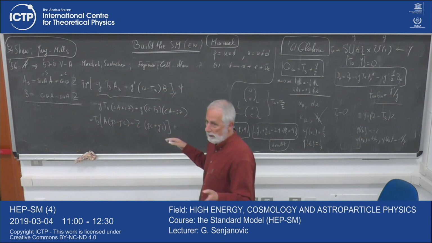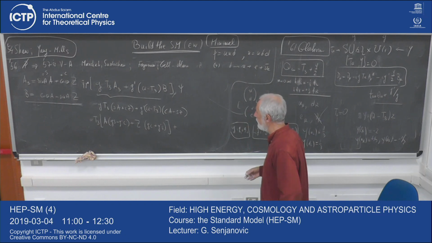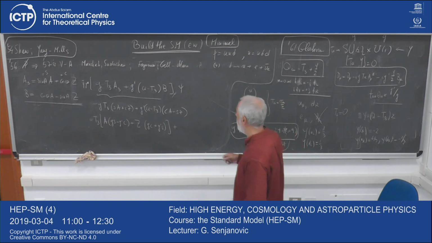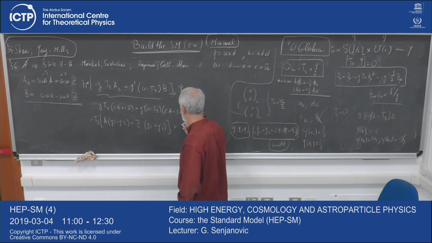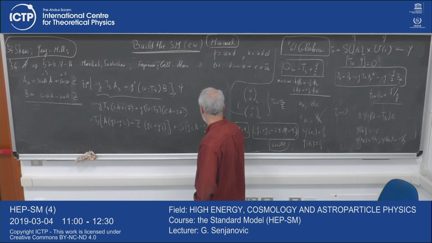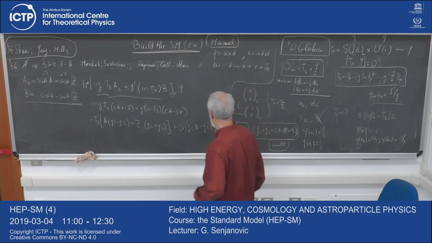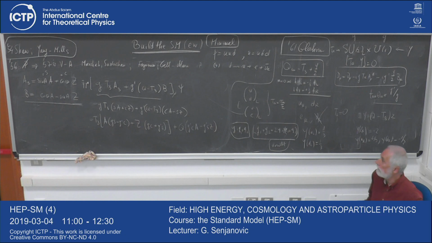I know what I have to get, but I may be making mistakes which cancel themselves. Plus, this was T3, let's write Q. Plus Q. What do we have with Q? We have g prime C A minus g prime S Z. I think this is correct. I'll pause.